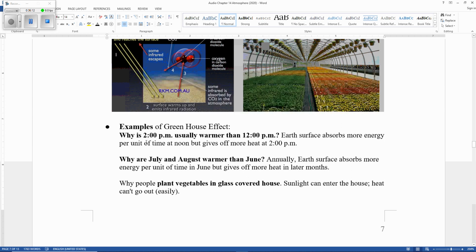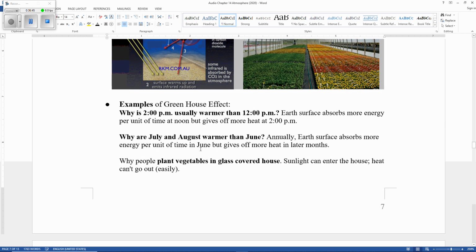That's why 2 o'clock in the afternoon is usually warmer than 12 o'clock. At 12 o'clock the Earth receives more energy, but at 2 o'clock the Earth gives most of the energy back to the atmosphere. That's why 2 o'clock is warmer than 12 o'clock, because of the greenhouse effect.